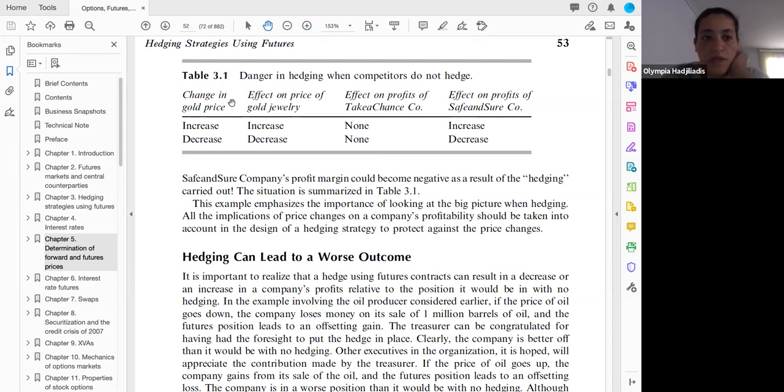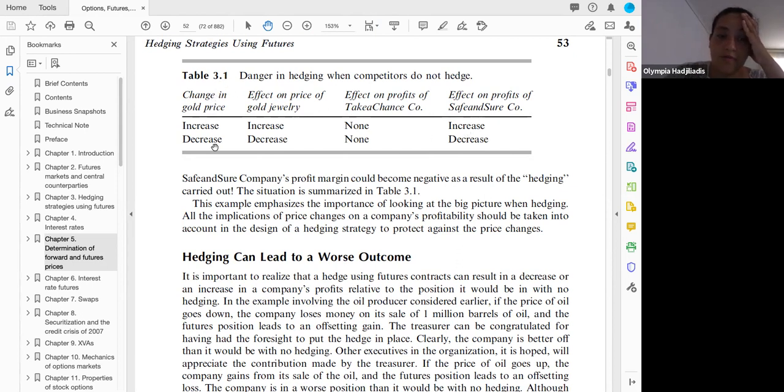We have a change in the gold price and there is an increase. The effect on the price of gold jewelry is an increase. And then the effects on the profits of the Take a Chance company are known, the one that hasn't hedged. And the effect on the profits of the one which has hedged actually ends up being an increase.